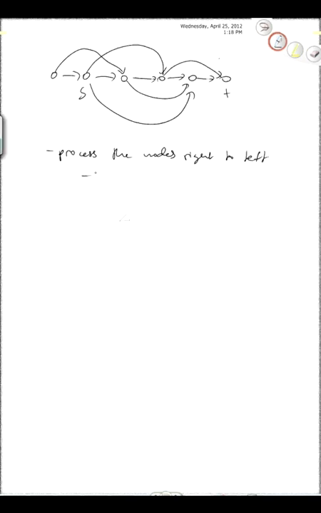And now instead of labeling the nodes with the number of paths starting at S and ending at the node, we're going to label them with the number of paths that that node has to T. So anything to the right of T, we're going to label with 0. We're going to label T with 1.